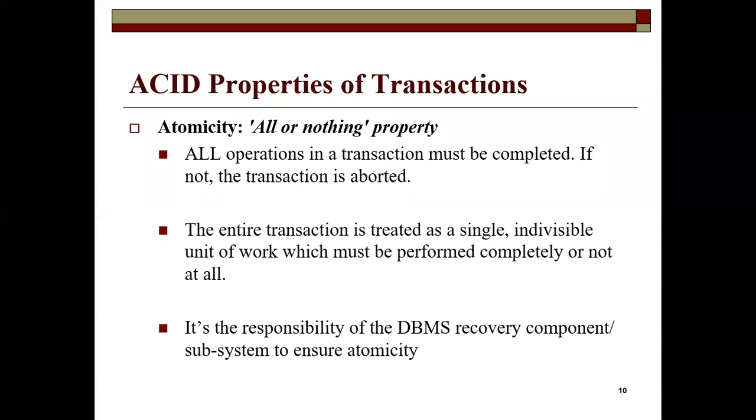And we are simply saying that since we are looking at a transaction as being a single indivisible unit of work, all operations must be completed. Otherwise, don't do anything. That means we abort that given transaction. We stop carrying it out. Either do all operations or actions that define a given transaction, or do none.